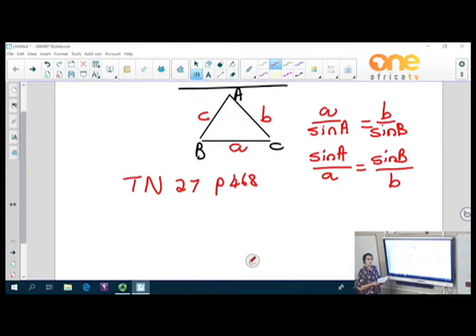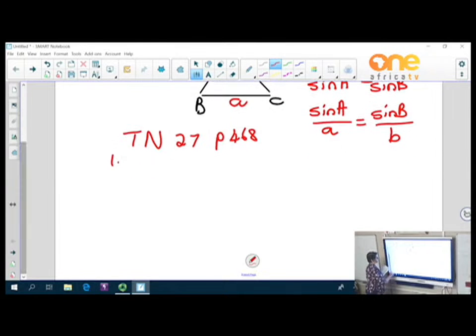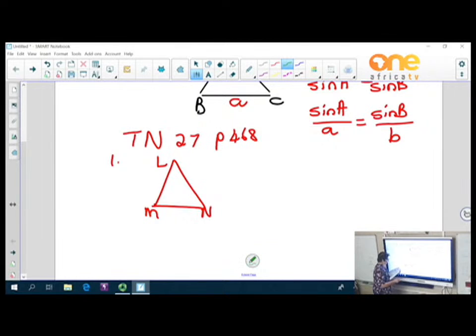I haven't drawn the triangles for you, so first we're going to draw them so that we can see what we are talking about. It is triangle LMN. They say that angle L is 60 degrees, angle M is 34 degrees, so I've got two angles. LN is 3.8 centimeters, and we need to calculate MN.